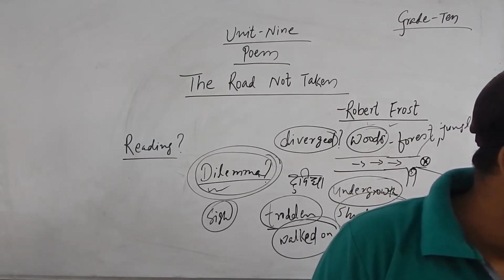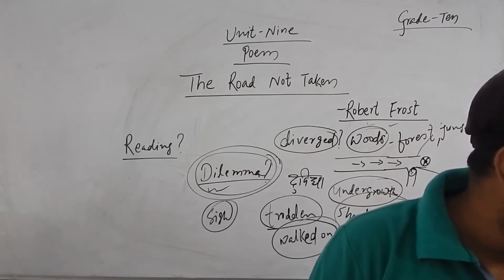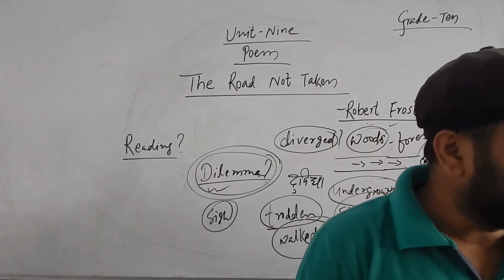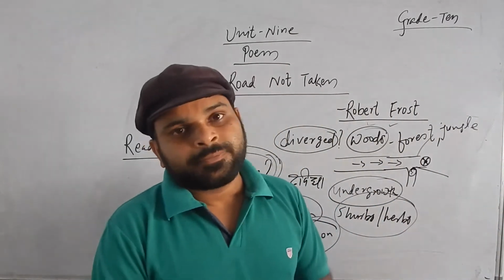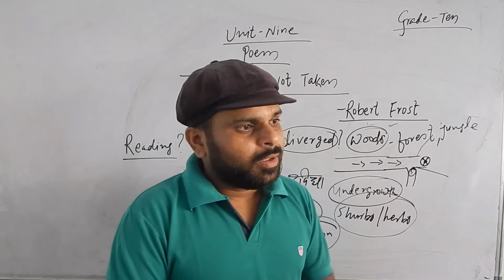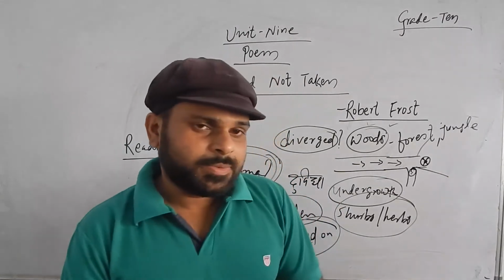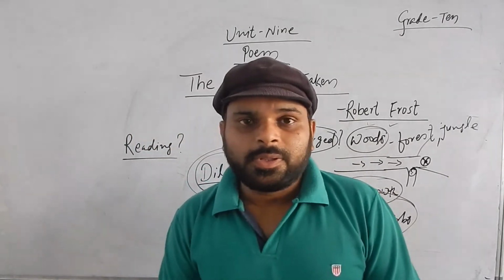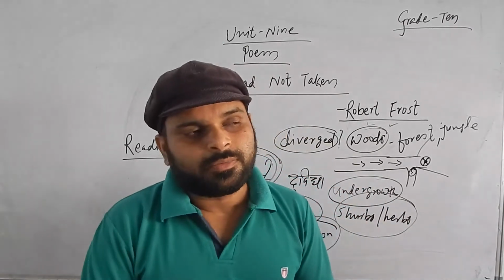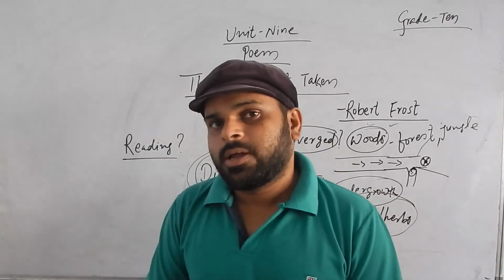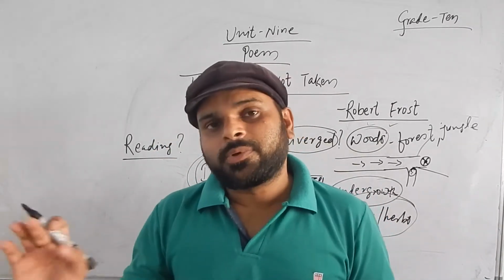Somewhere ages and ages hence, two roads diverged in a wood, and I took the one less traveled by, and that has made the difference. Very remarkable lines are the last three lines. There is a general conception about everything, a general thought about everything.